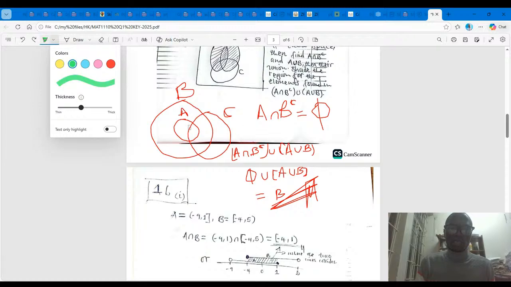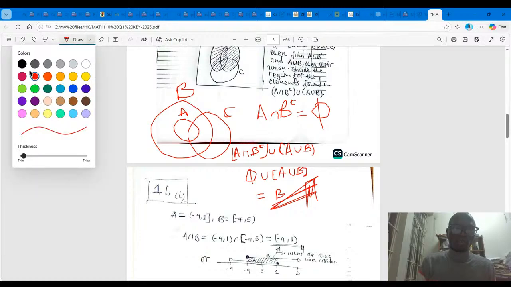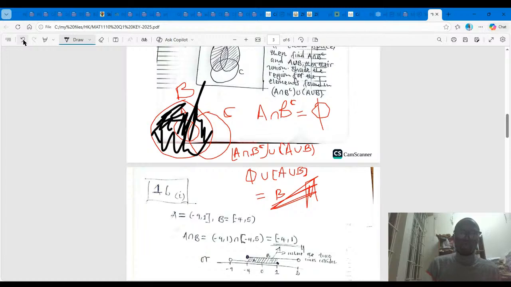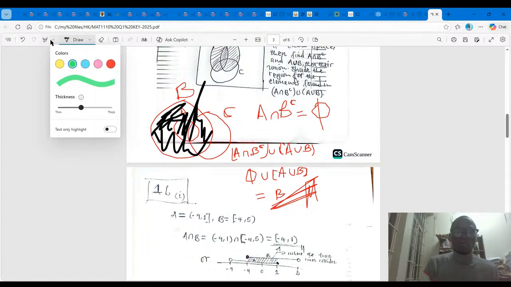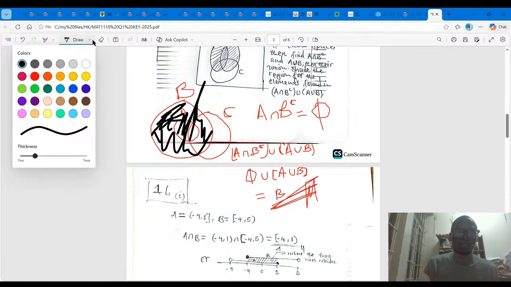You're going to shade this region, B. Shade B. So you are shading B, not outside B, excuse me. So that will be the answer that we get for this one. Okay, so that will be the answer.